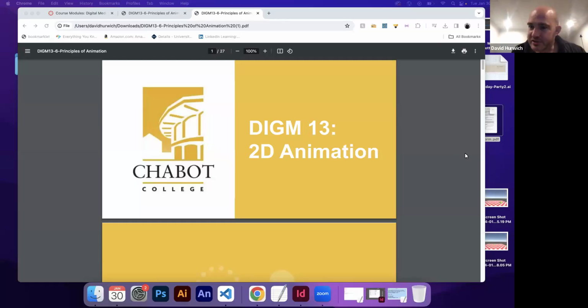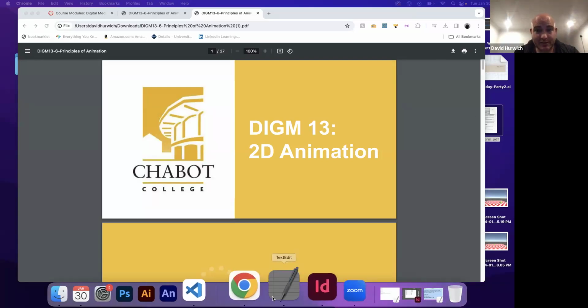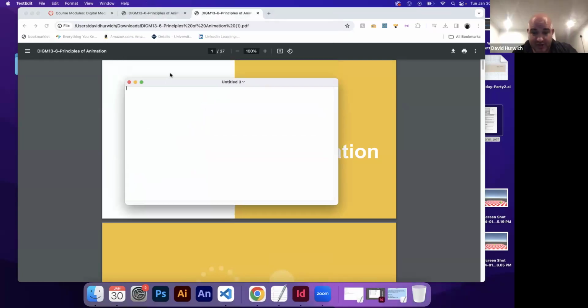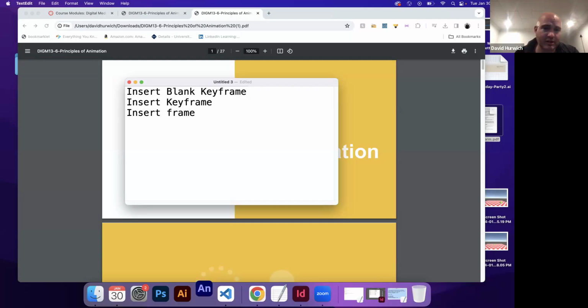All right, everyone. So, in our last module, we went over the basics of using Adobe Animate as an animation tool. We went over inserting blank keyframes and inserting keyframes and what that meant, the differences between using a frame to extend the length, time-wise, of a keyframe.